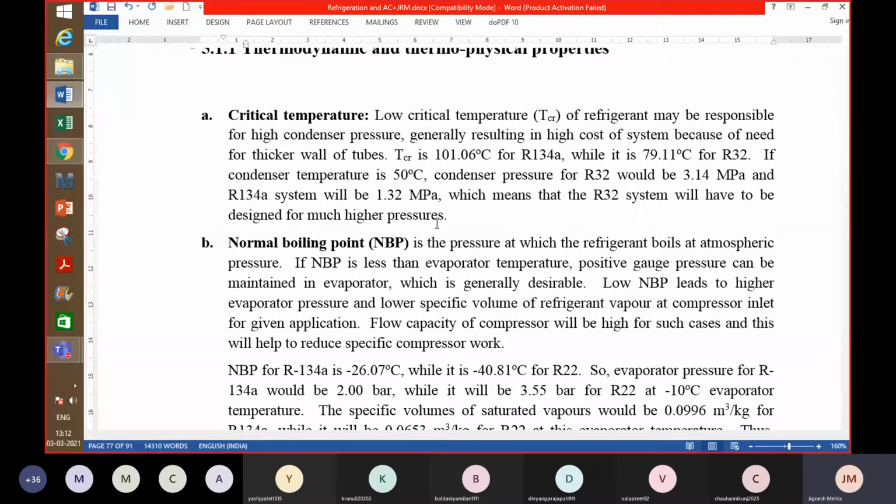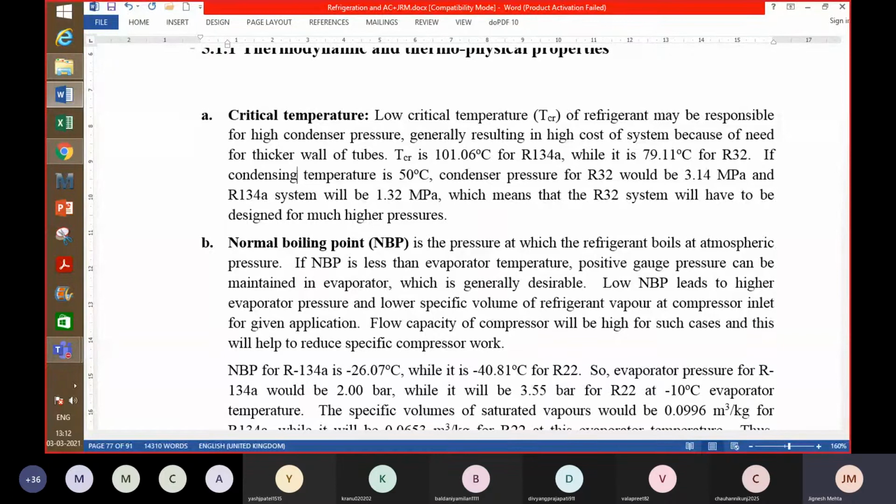So obviously R32 has a low critical temperature, and because of that, if your condensing temperature is 50 degrees Celsius, in that case the condenser pressure for R32 would be 3.14 megapascal or 31 bar, which is quite high.